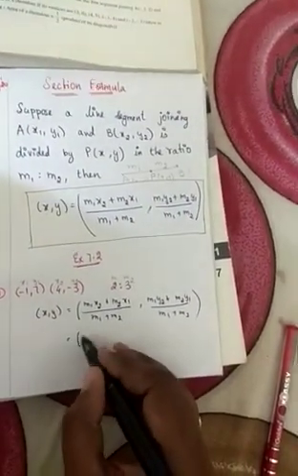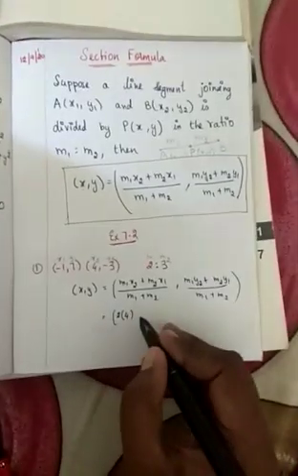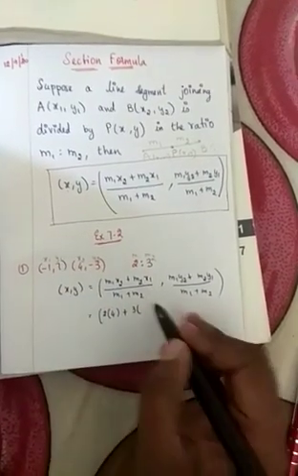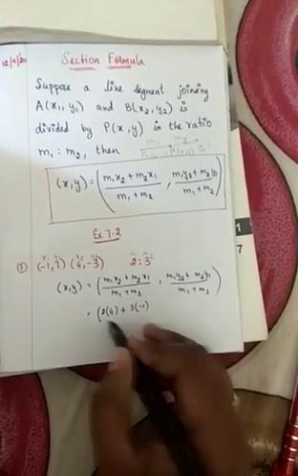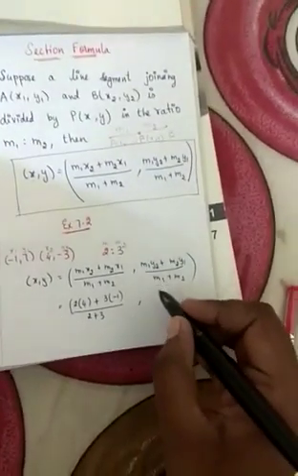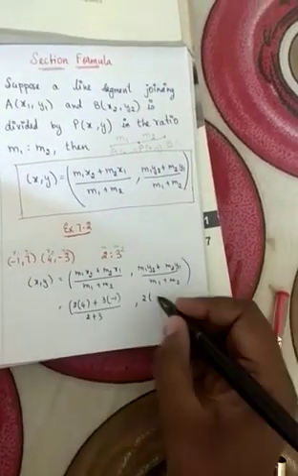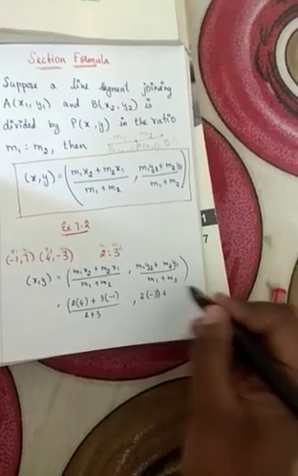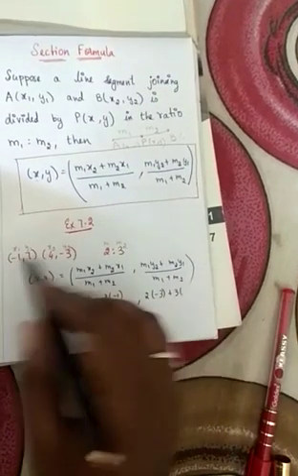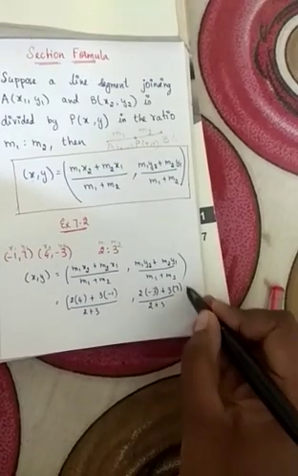So directly write 2 multiplied by x2, which is 4, plus m2, 3, multiplied by x1, which is -1, divided by 2 plus 3, comma, m1 is 2, y2 is -3. In this, the substitution is very important. m2 is 3, y1 is 7, divided by 2 plus 3.